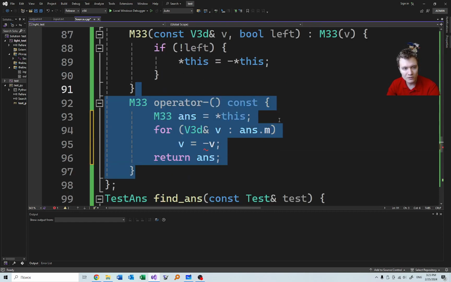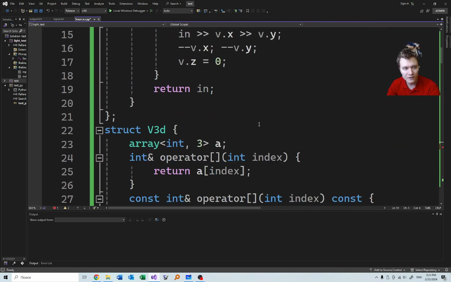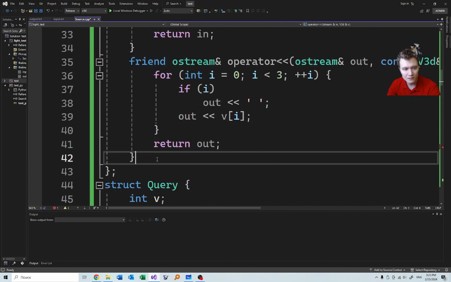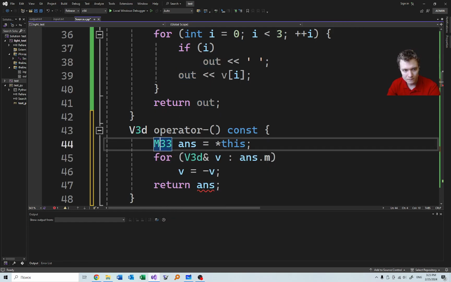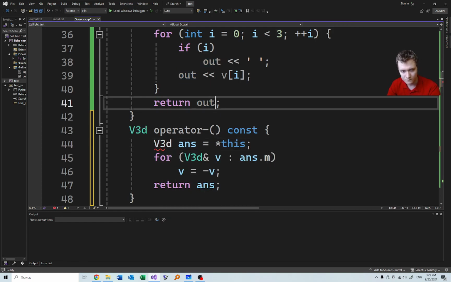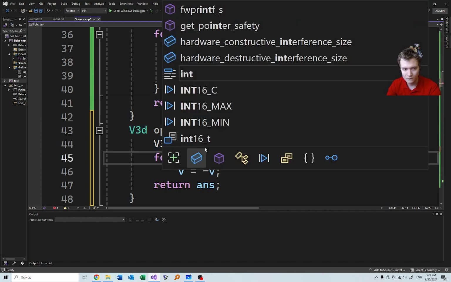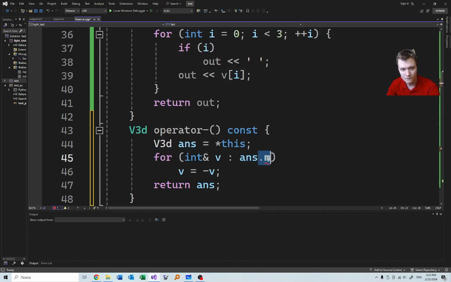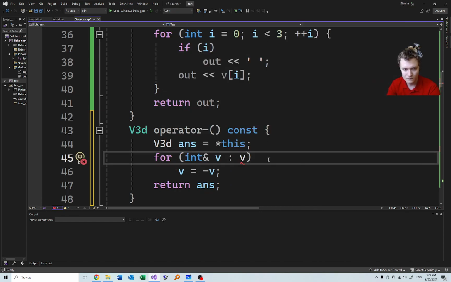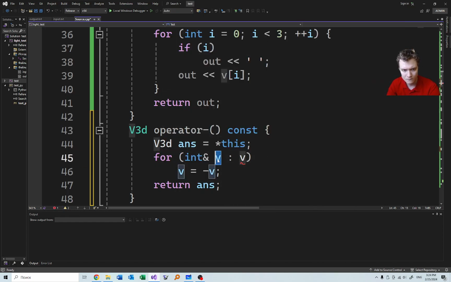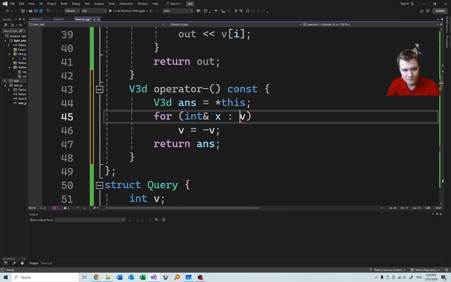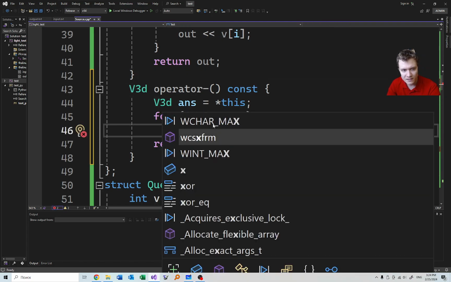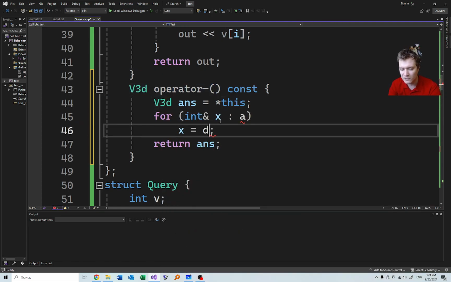And to do that we also need to make the negation for V3D, but it's easier. Instead of x equals minus x, we need to say that x equals the difference of 0 and x.